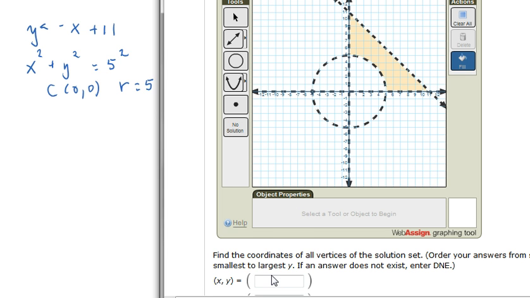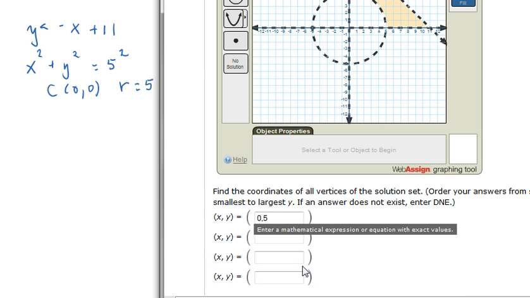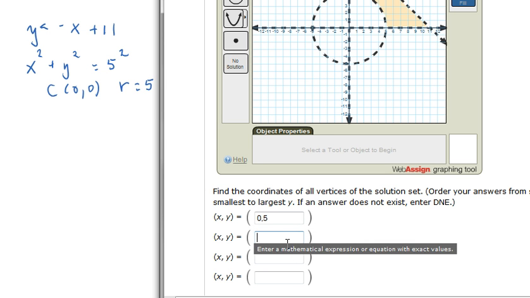So my first vertex is 0, 5. The second vertex is 0, 11.